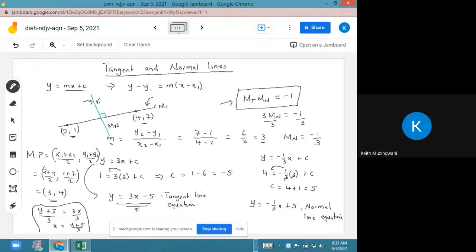So this was not what we're going to do today. I introduced this to remind you of how you get the tangent line if you are given 2 points and what we call the normal line, so that we now use calculus to get the tangent and the normal line.